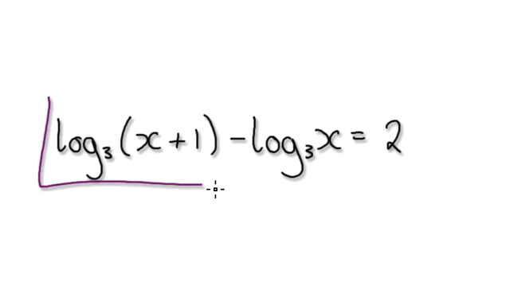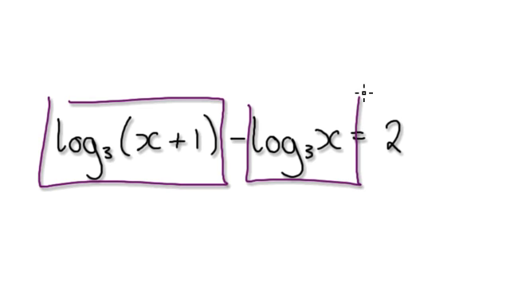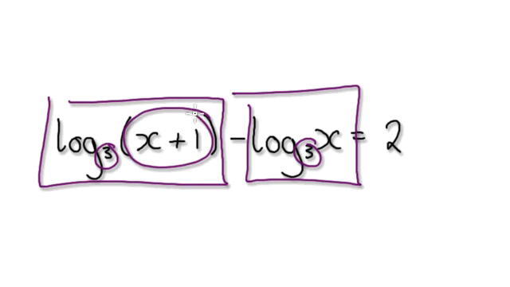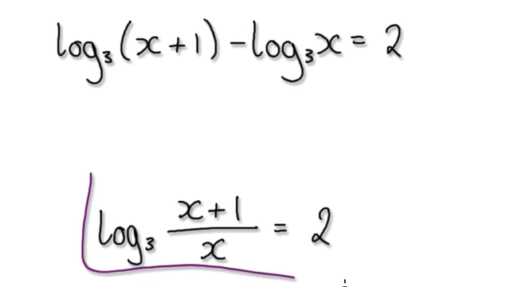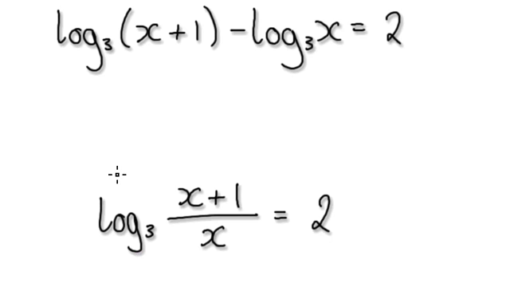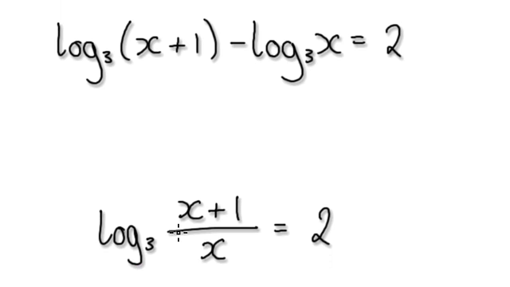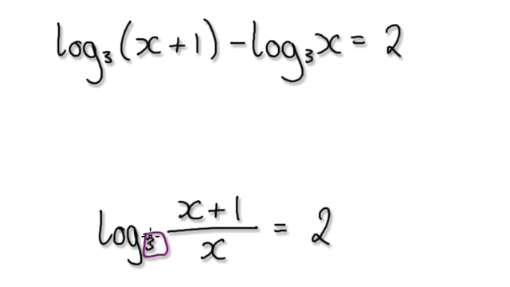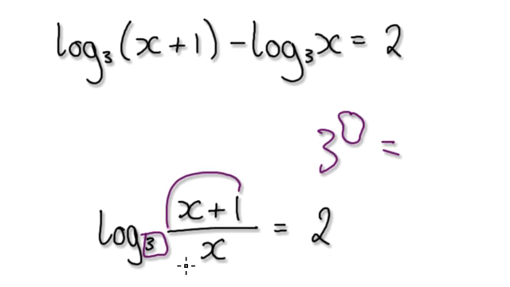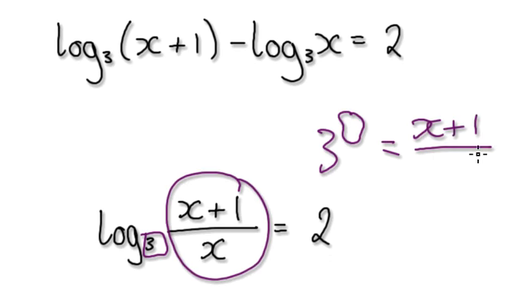Okay, so to do this here, you can see it's one log taking away another log, and check the two bases are the same. So now you can just get this divided by this. So you can jump to here, and now translate. So your eyes zoom into this here. It's 3 to the power of what gives us this thing here, but the what in this case is the 2.